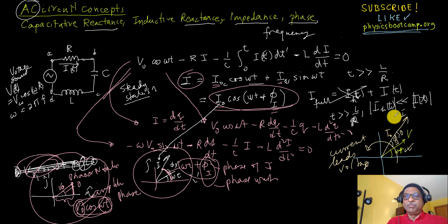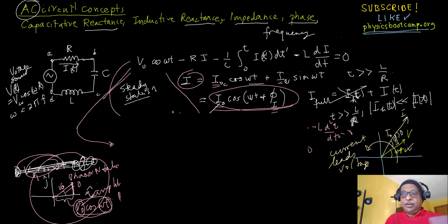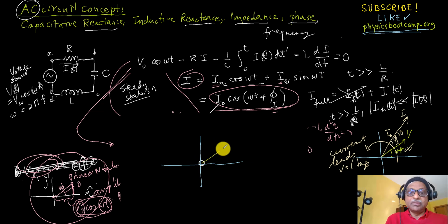Now, let me erase and show you something else. What if V was in the direction given by omega t? This is where V was, but your I was actually maybe over here.